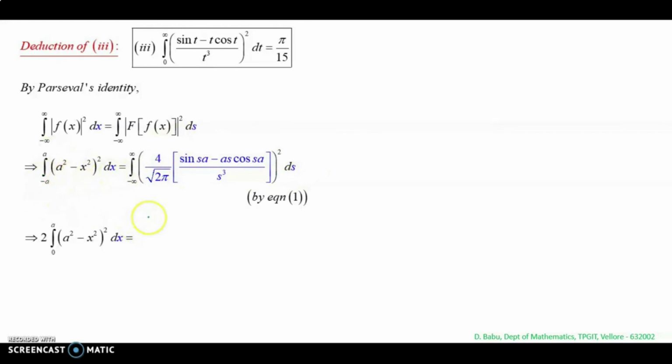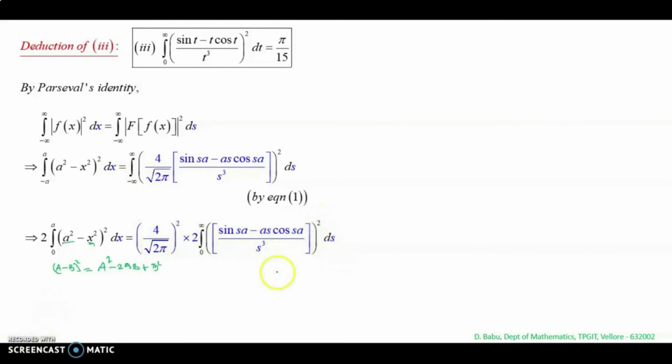So this implies 2 times 0 to a, a square minus x square the whole square dx, equal to 4 divided by square root of 2 pi the whole square, which is constant, so we take it outside, times 2 times integration 0 to infinity, sin sa minus as cos sa divided by s cube the whole square into ds. We know that capital A minus capital B whole square equals capital A square minus 2 capital A into capital B plus capital B square.